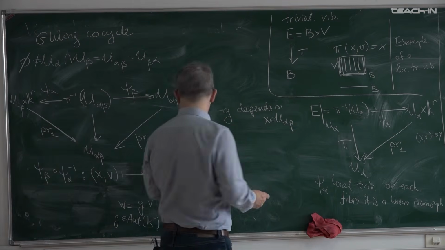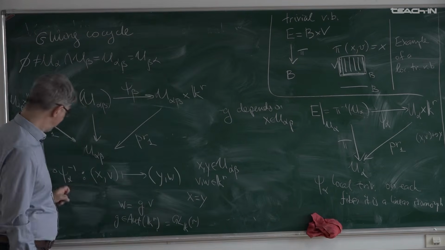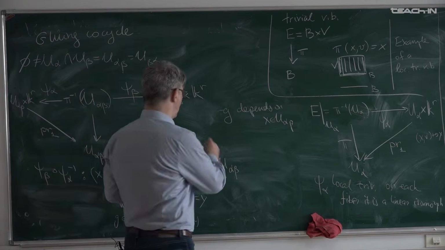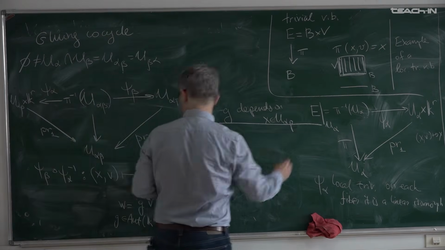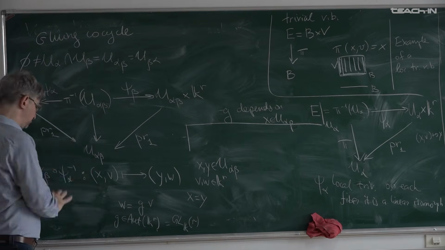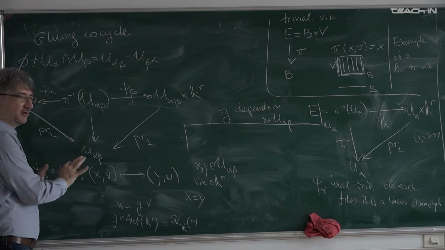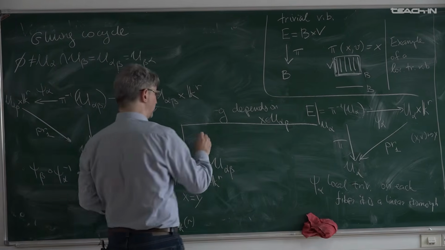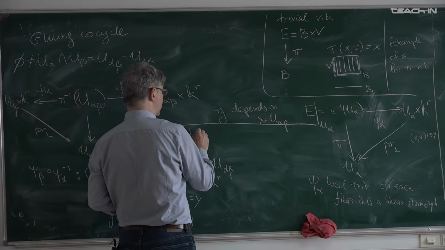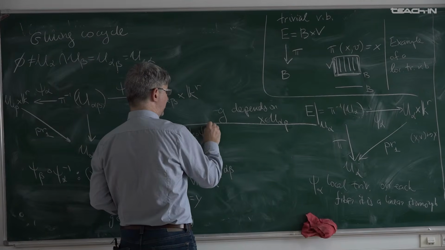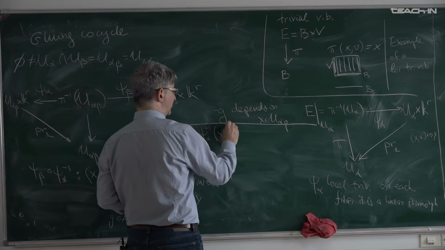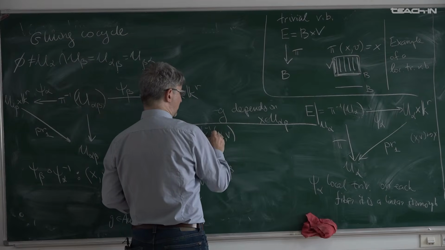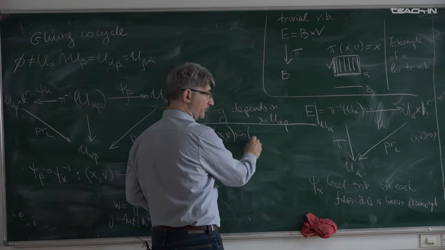Okay, so a correct way of writing this formula is as follows. So this was some explanation, some hints, but the correct formula is as follows. Psi beta, composition with psi alpha to the power of -1, of (x, v) has the following form.